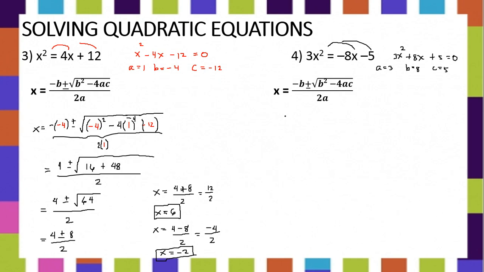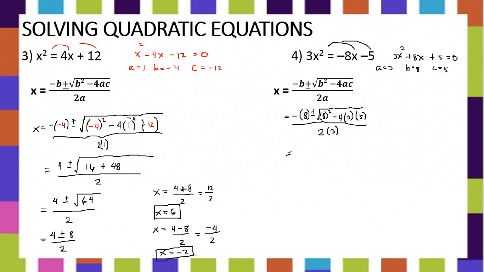Substitute na natin. x is equal to negative b, ang b natin is 8. Positive, negative, square root of 8 squared minus 4, ang a natin is 3, ang c natin is 5, over 2 times 3.